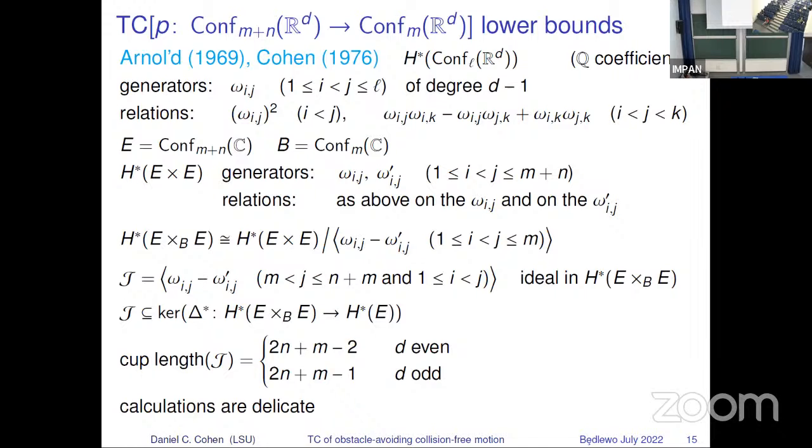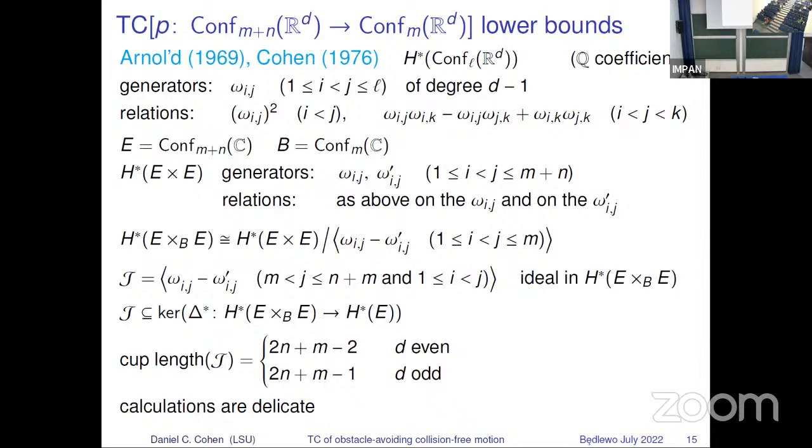Take, if you like, rational coefficients. So the cohomology ring has generators, which I'll call omega ij's, and the relations that you see. The squares of the omega ij's should vanish, and you get these very famous three-term relations among the generators: omega ij, omega ik, and omega jk.